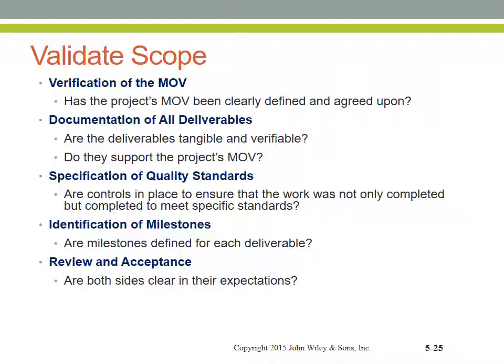Lastly, we need to always make sure within the validate scope process, which is not just something that happens at the end of our design and build phase, but really happens throughout the entire project life cycle, we always need to check back with our stakeholders that everybody knows exactly what to expect during the entire development cycle.